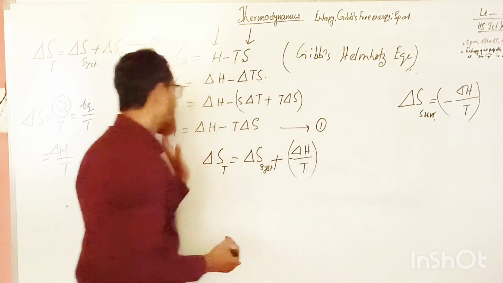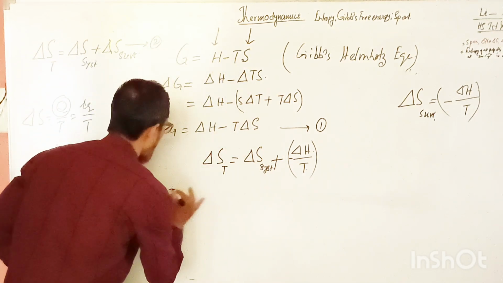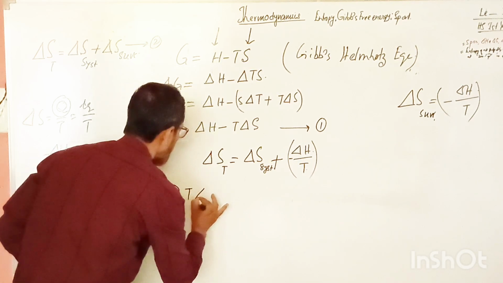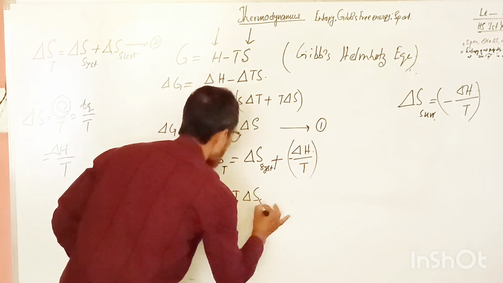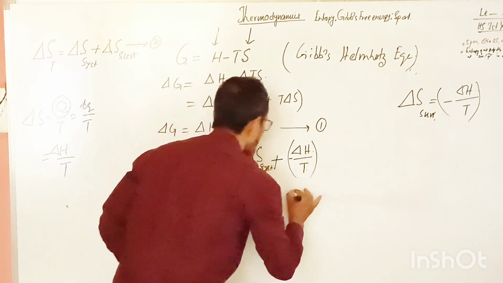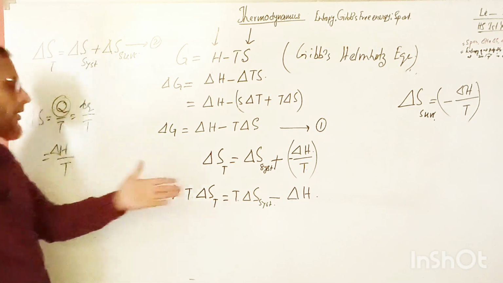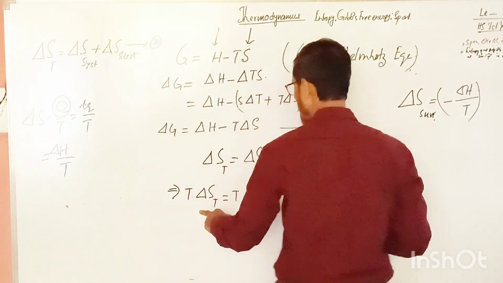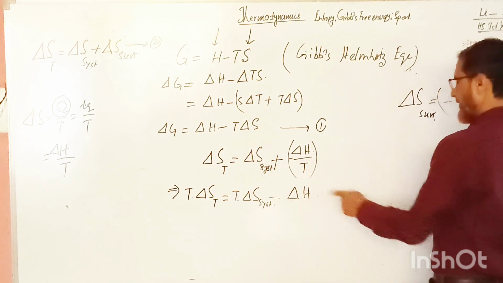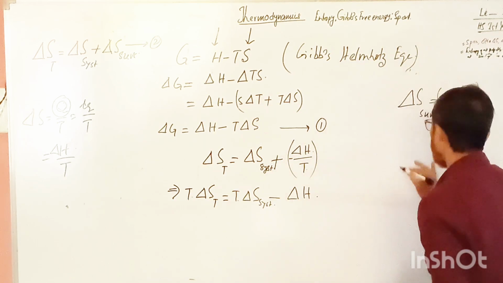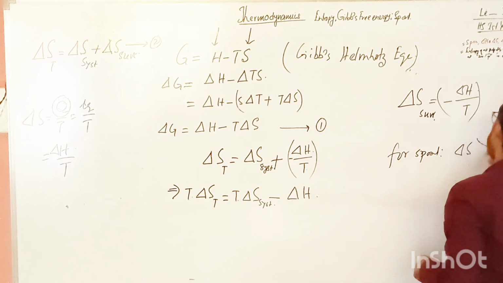So this is entropy. If you multiply all through by T, we get T del S total equals T del S system plus T del S surrounding, and T cancels in the surrounding term, which equals minus del H. We know for a spontaneous process, as I told you a bit earlier, del S must be greater than 0.